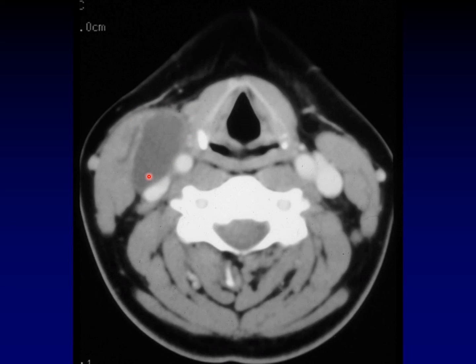The key to this diagnosis is that there is usually still a communication to the piriform sinus. The third branchial cleft fistula arises in the lateral aspect of the piriform sinus and extends down through the neck to emerge in the skin of the lower neck. And the third branchial cleft cysts occur along that tract in this approximate location.